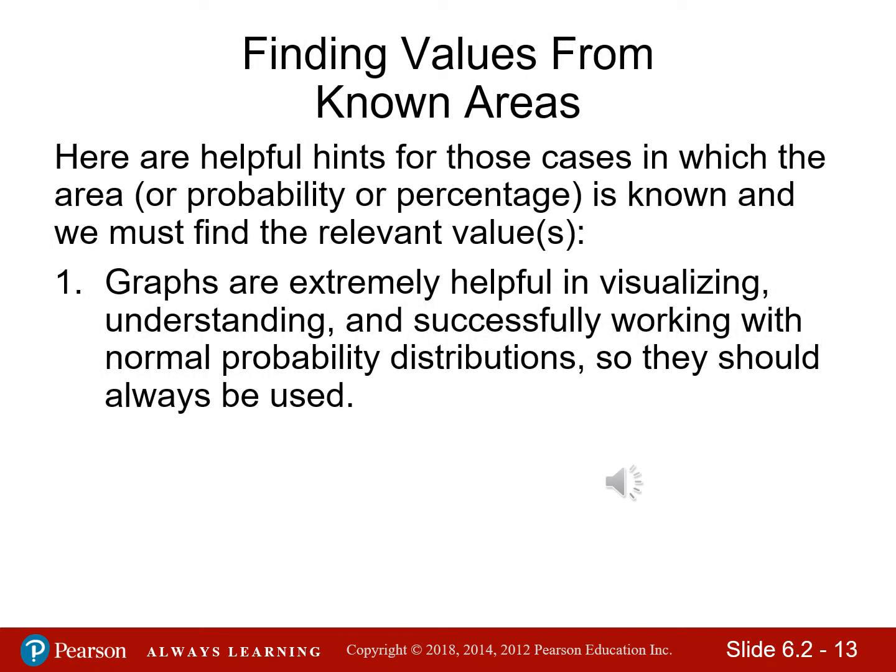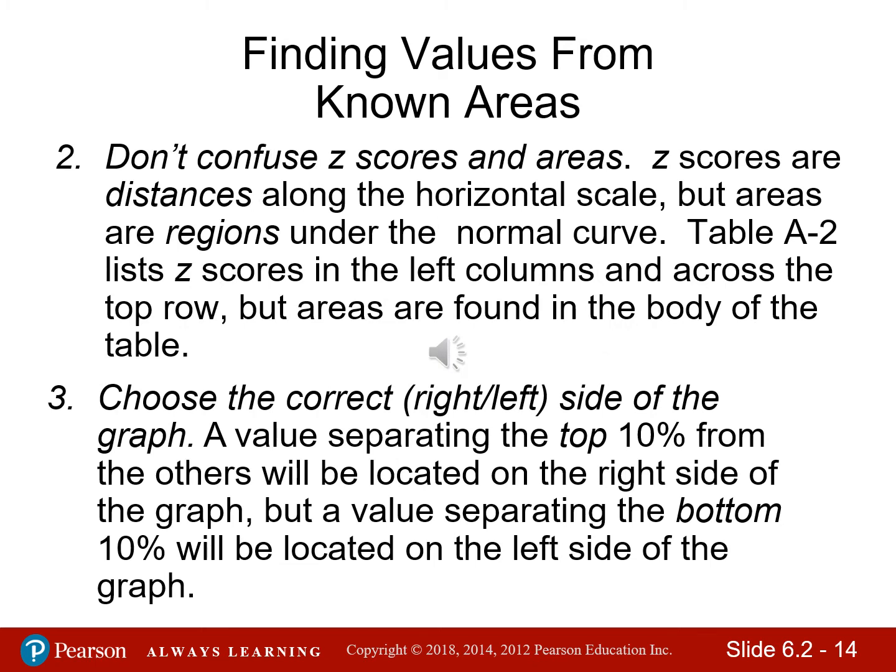So here are some helpful hints for those cases in which the area or the probability is known, but we must find the relevant x values. First, graphs are extremely useful in visualizing, understanding, and successfully working with normal probability distributions, so it's important to always use graphs. Second, don't confuse z-scores and areas.